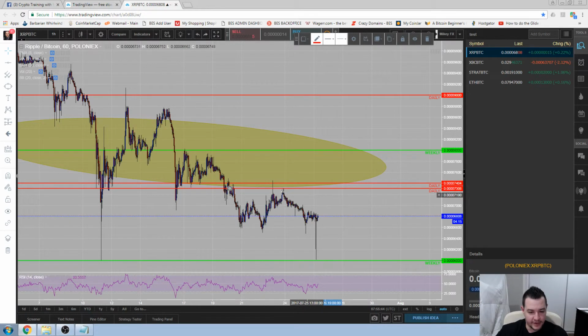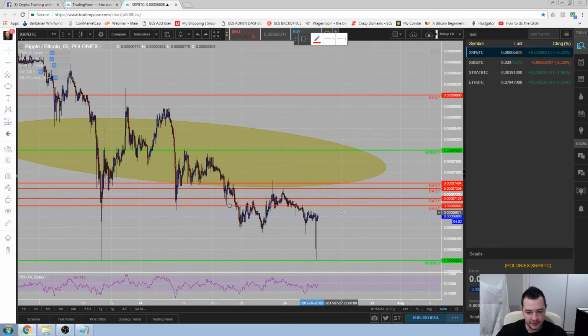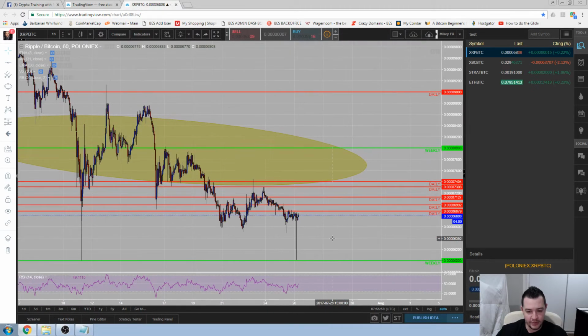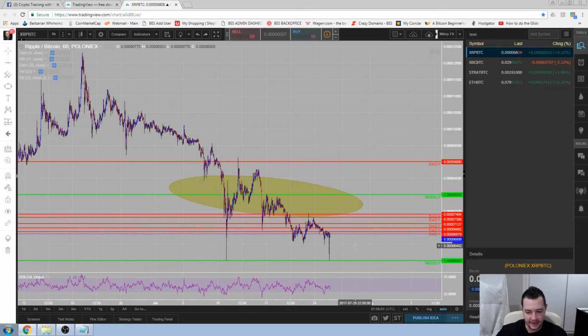Okay, and then we're going to keep going down. So we've got another level here. If I do this on the hourly, my whole chart is just going to be full of lines every couple of hundred price points. So we don't really want to look at that. We don't need that many lines.